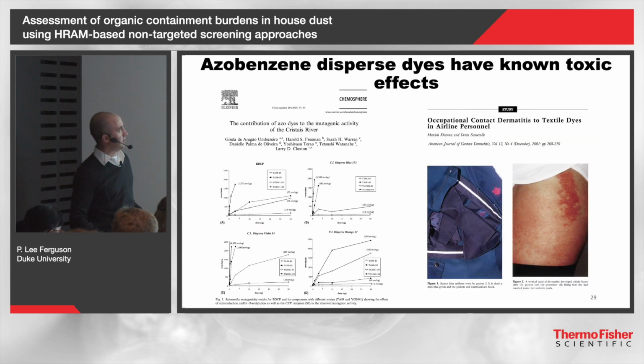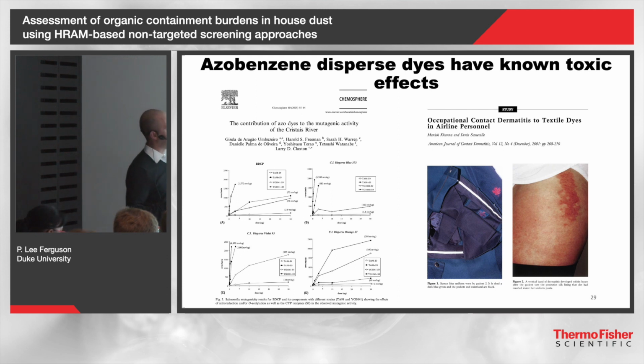So why do we worry about these? Turns out that studies have shown they're mutagenic in extracts of rivers, and there's an increasing report of contact dermatitis related to unknown textile dyes in airline personnel.